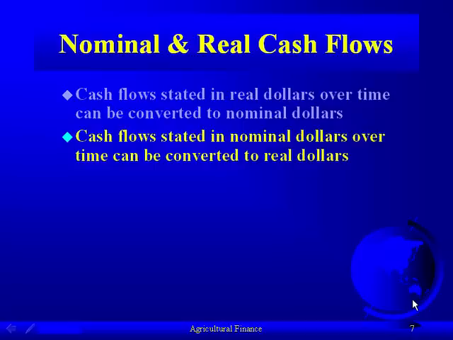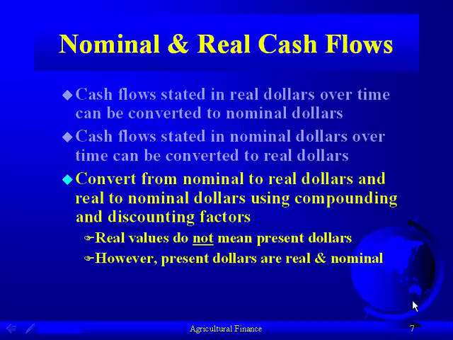Conversely, if cash flows are stated in nominal dollars over time, they can be converted to real dollars. To convert from nominal to real dollars and real to nominal dollars, we can use compounding and discounting factors that we used when we were doing the time value of money. And beware, because they look like they're the same, but their meanings are different. We'll try to sort that out.